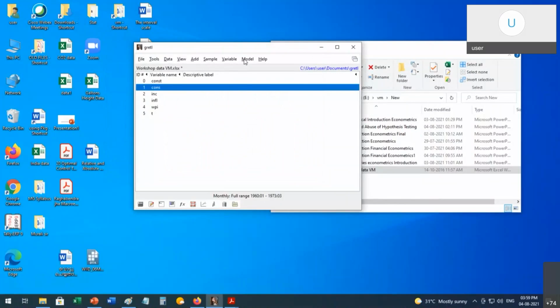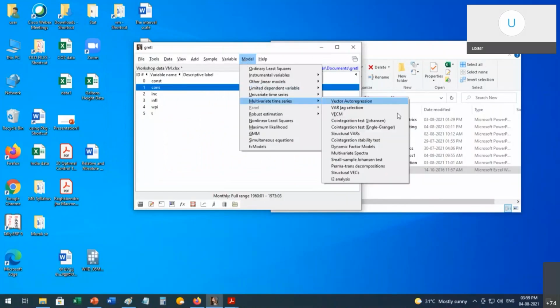So we go to the model, multivariate time series, co-integration, Engle-Granger. Remember, in the Engle-Granger framework, it is residual based. Is there any doubt? Anybody? No, sir, continue. Okay. So remember the Engle-Granger single equation residual-based test is not in the VAR framework, the vector autoregression framework.